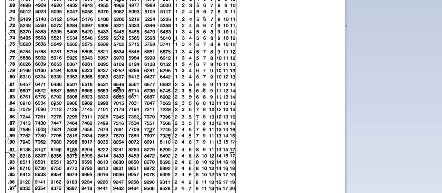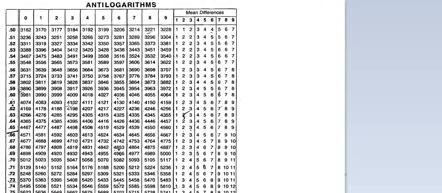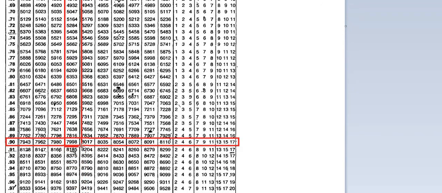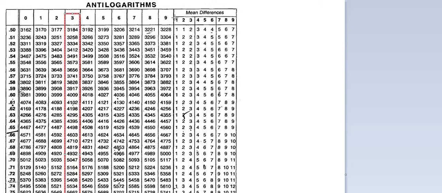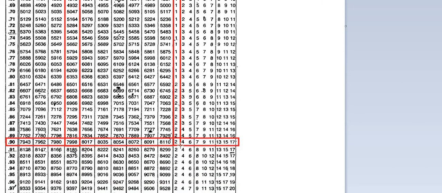So this is 0.90. 3 in the first row. This is 3 in the first row. So the intersection is 7998 and the mean difference of 1. So this is the mean difference of 1, which is 2.